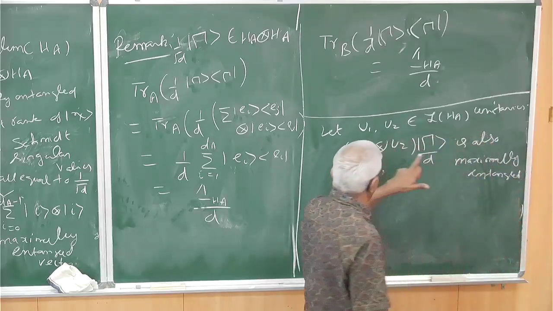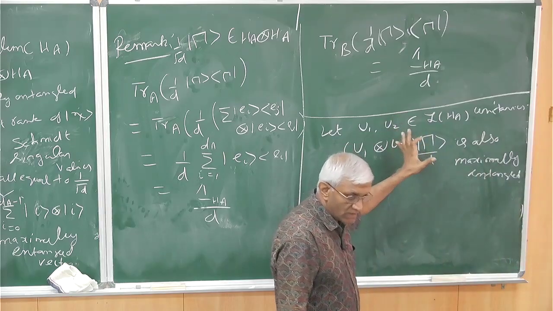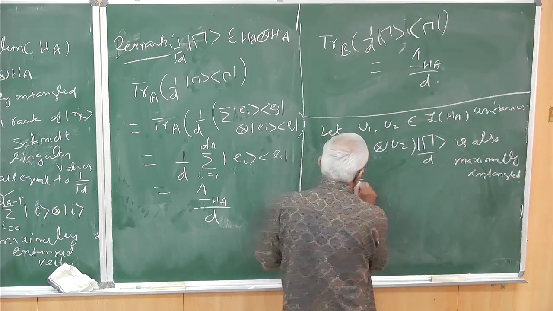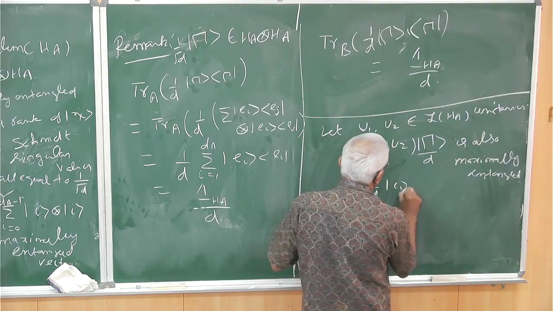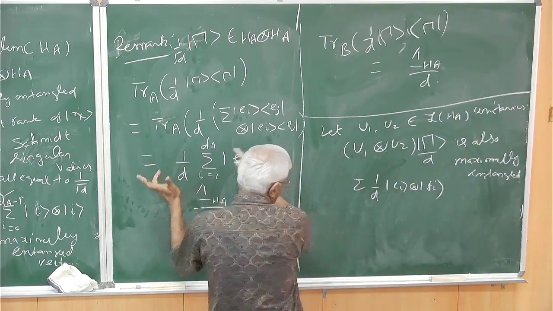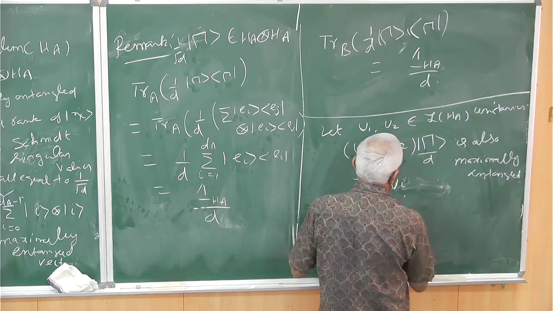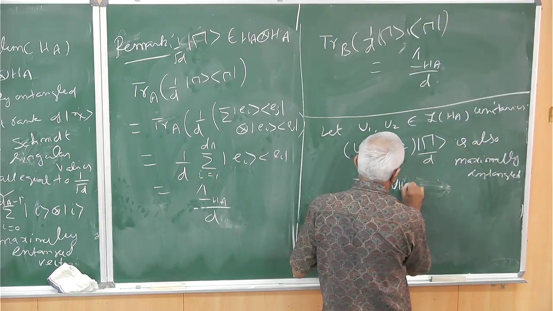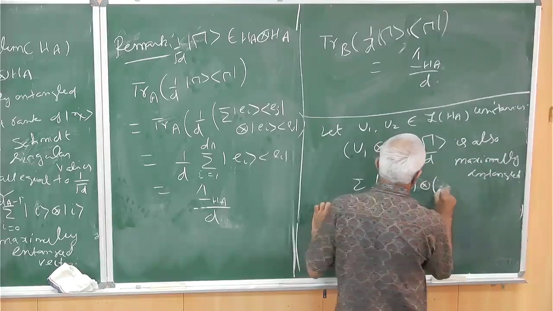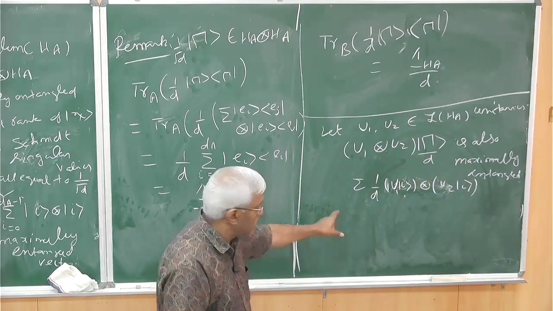It's clear, no? This will have e_i tensor e_i. U1 will act on that and get to an orthonormal basis. U2 will act on that, get to another orthonormal basis. So this will just look like 1 by d, sum of u1_i tensor u2_i. This e_i is not that e_i.